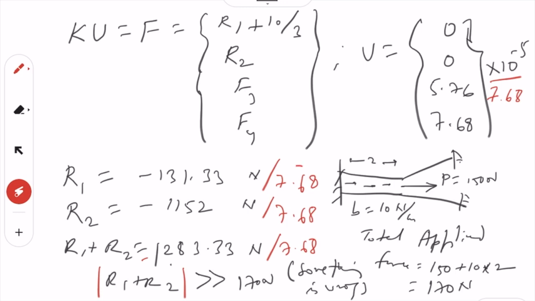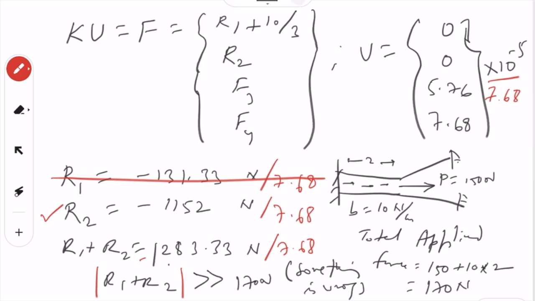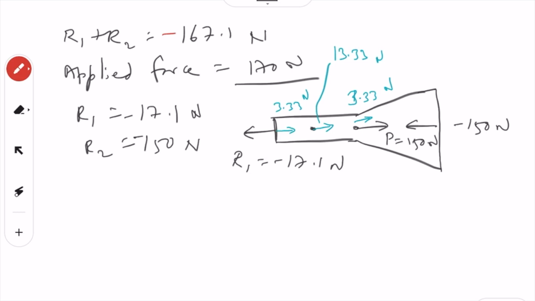R2 is correct because there is no constant term, but R1 is not correct.